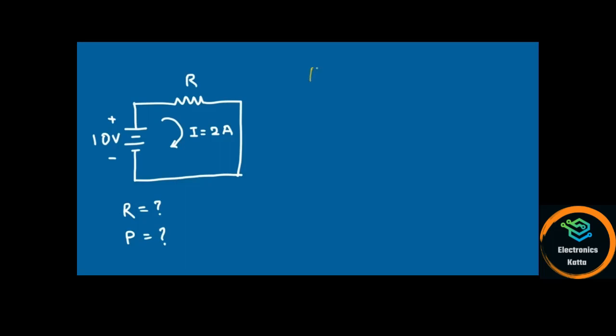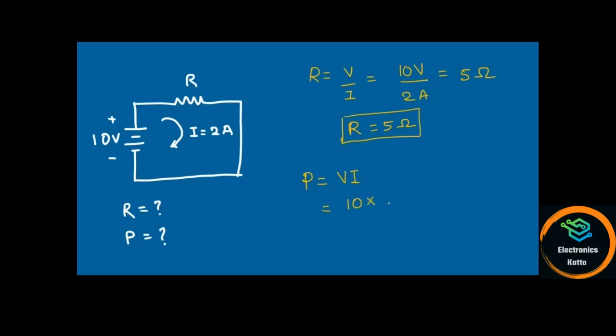According to Ohm's law, R is given by V divided by I. The voltage is 10 volts and the current is 2 amperes, so the resistance R is 5 ohms. Now the power P can be defined by V into I. With 10 volts and 2 amperes, the power dissipated across the resistor will be 20 watts.